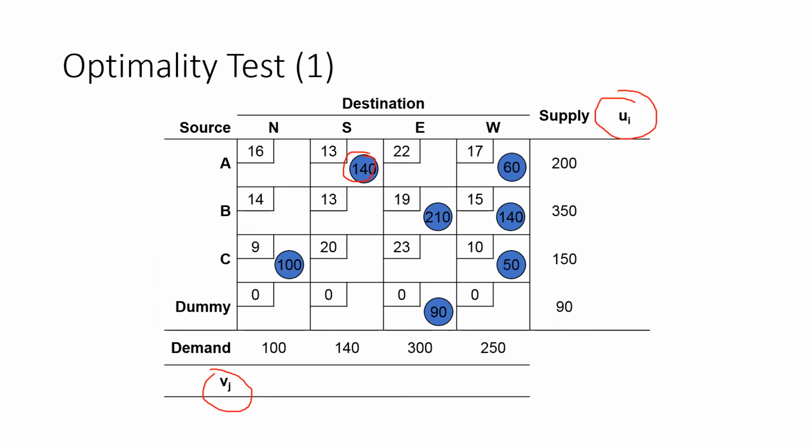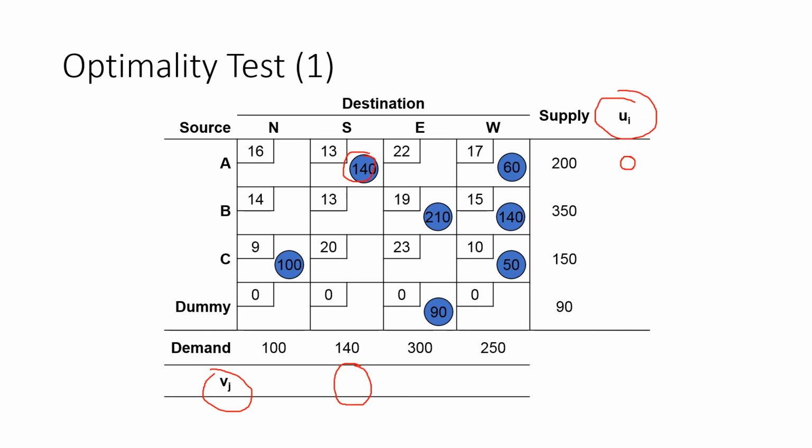So for every basic cell, ui plus vj equals cij. So I start with ui equal to 0 all the time. Now ui for this basic cell, ui plus vj, which is something, equal to 13. What is this something?